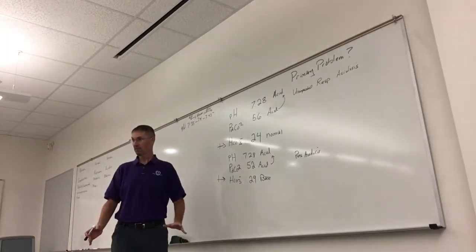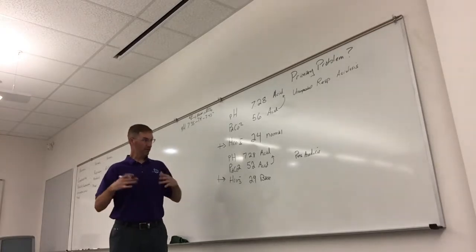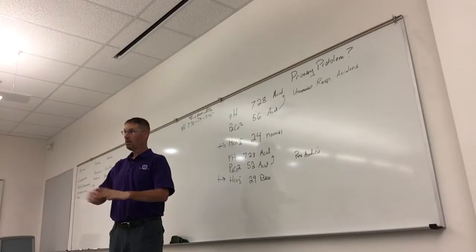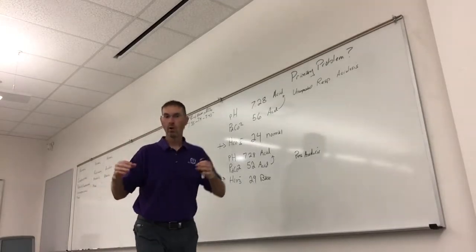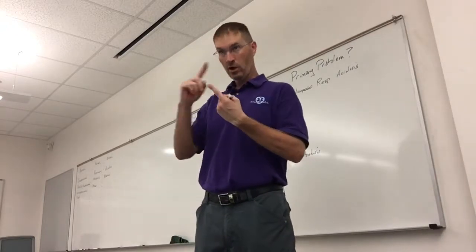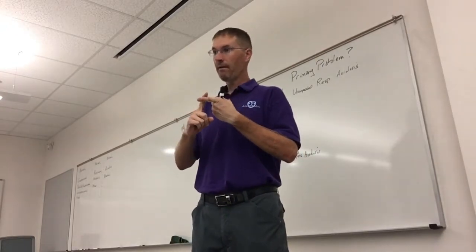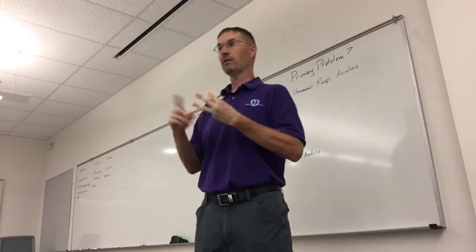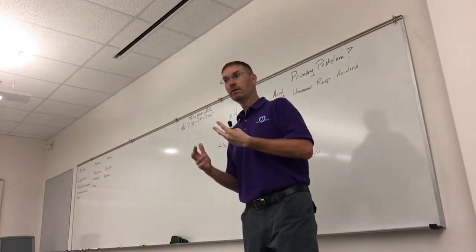Does that make sense? So to answer the question, yes, there's compensation. You guys agree? Now the next question is, what kind of compensation? There are only two types. There's partially compensated and fully compensated. Uncompensated would be none at all, right?